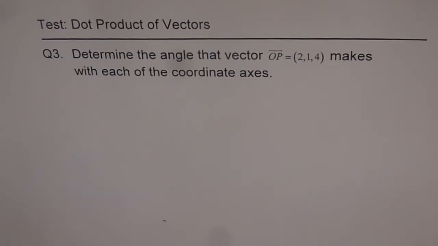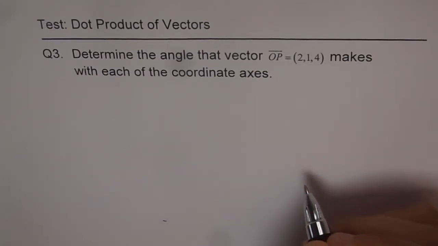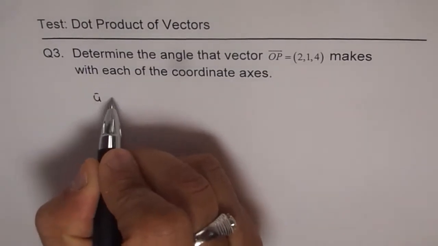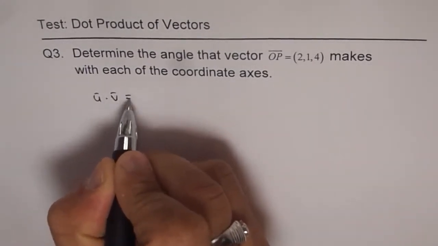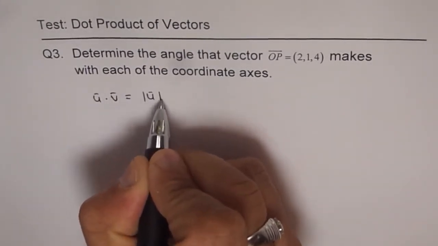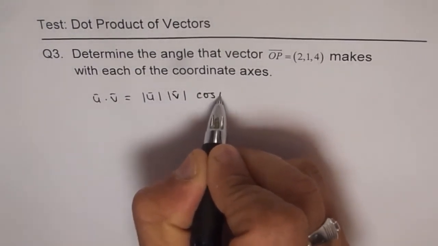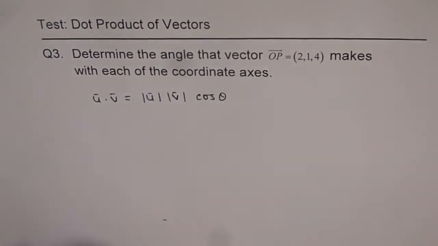Now when we are trying to find an angle using the dot product, the simple rule is, let's say there are two vectors u and v, then u dot v is the magnitude of u times the magnitude of v and cos theta, where theta is the angle between them.